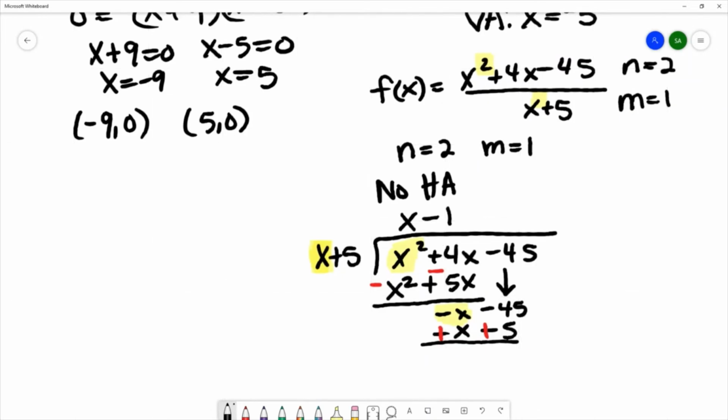And you'd be left with -45 plus 5 is a -40. Now we'll stop with the division, and you're able to say what your slant or oblique asymptote is, and that's this right here. So we have a slant asymptote, which is at y equals x minus 1.